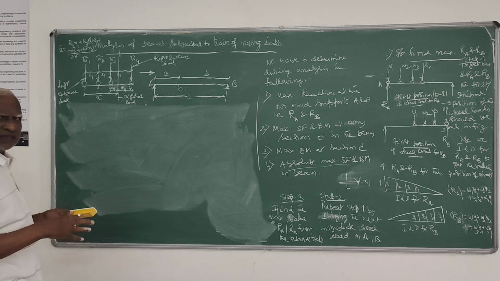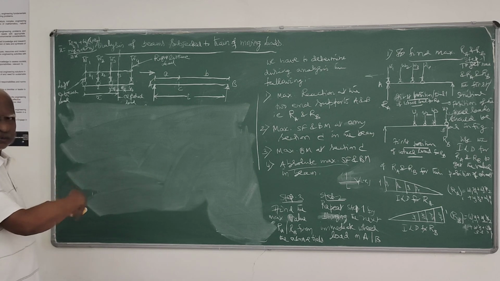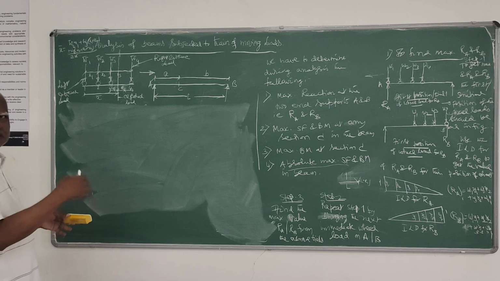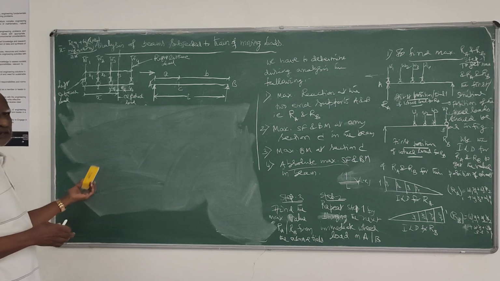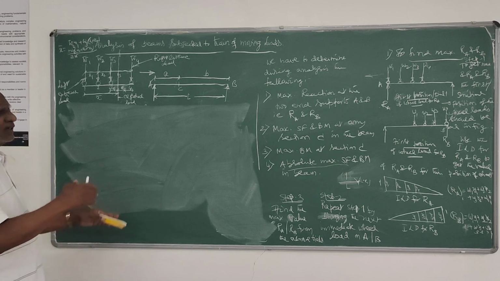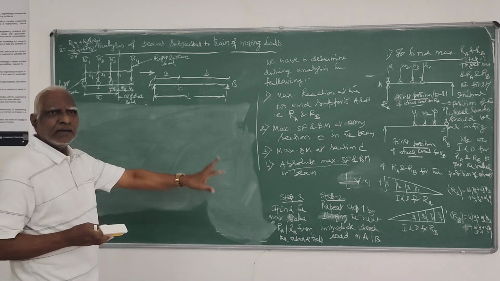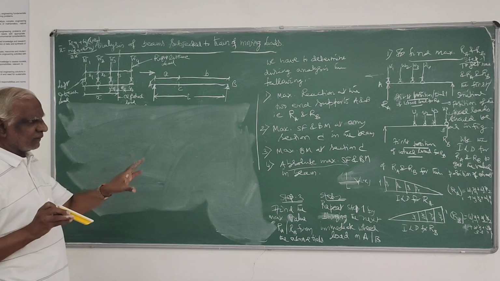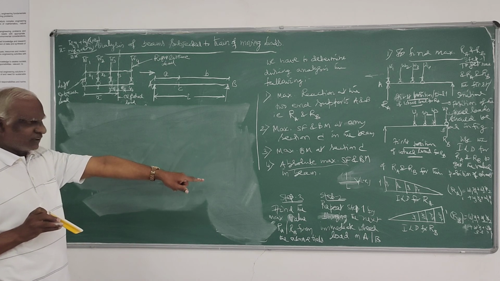Then go on allowing it to move one by one, and do that calculation for VC, the maximum shear force at C, either negative shear or positive shear, and go on repeating it for the next position until you get the maximum value. That's all. The same process. The procedure is very simple, and the calculation also is very simple.